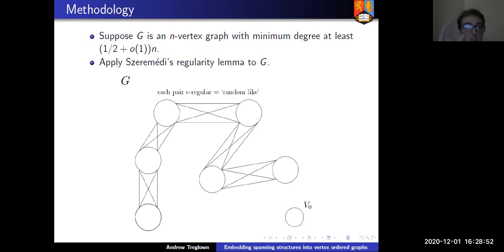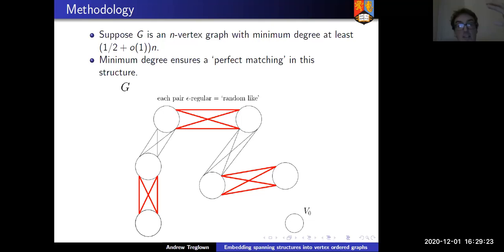Again, applying the regularity lemma means you've partitioned G into a bounded number of classes, where either there are no edges between different classes, or the edges are distributed in a random-like way. The standard thing to do is apply the regularity lemma, and then notice that because we had minimum degree above n over 2, this forces a perfect matching, which in turn forces a perfect matching-like structure in this Szemerédi regularity partition.